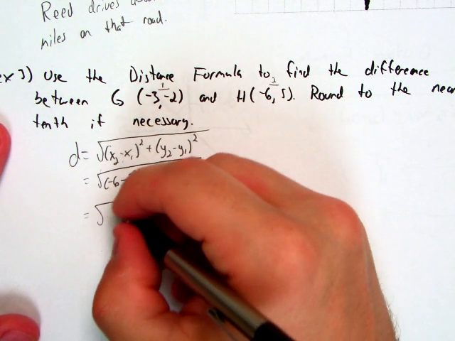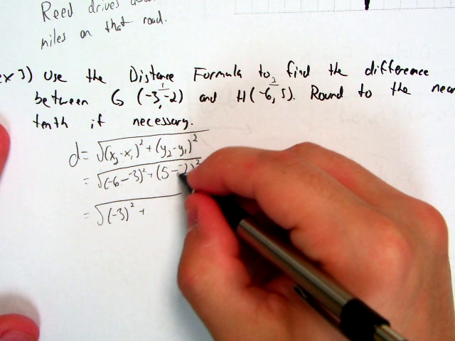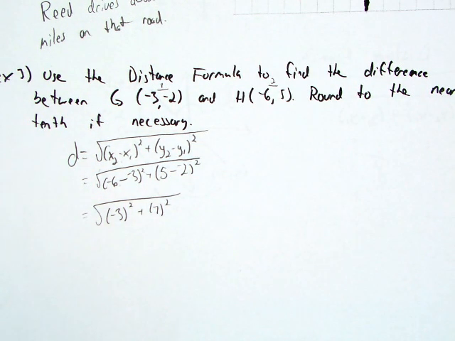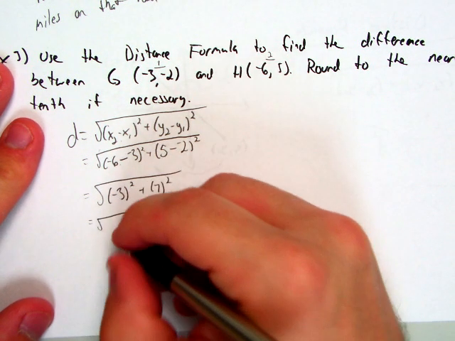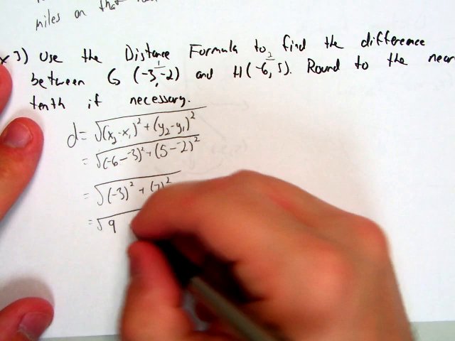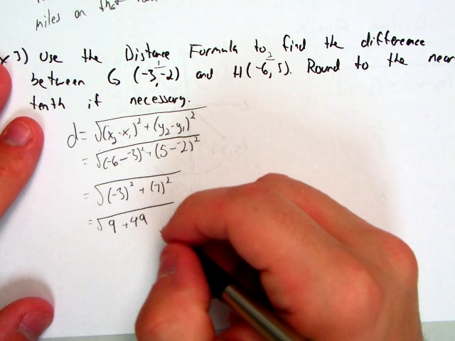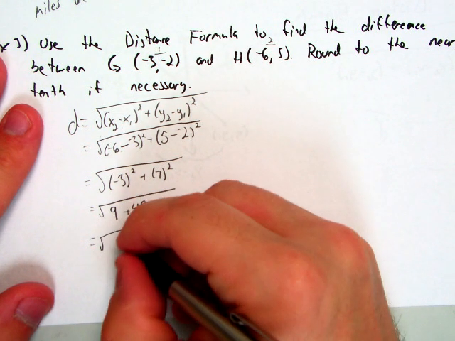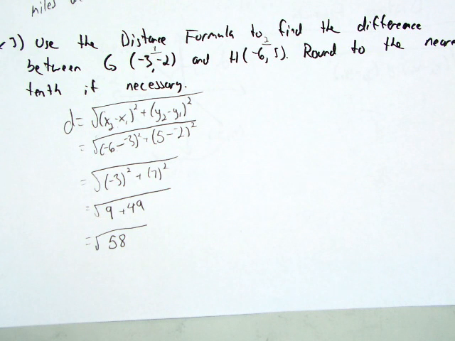Parentheses first: negative 6 minus a negative 3 is negative 3. 5 minus a negative 2 is 7. Exponents next. Negative 3 squared is, be careful, 9. And 7 squared is 49. Combine 9 and 49 together, we get 58.